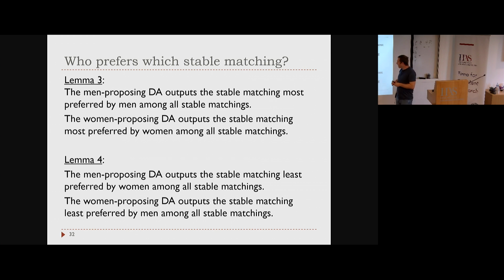Okay. Now, why is that true? It's not immediately true because of that. Okay, it's not a corollary. Again, I'm not going to prove it, but intuition. Okay. So when the women participate in a men proposing deferred acceptance, what do they get? They get random offers getting thrown at them from men that come to their front yards. They do not choose, they have no say in who comes to their front yard.